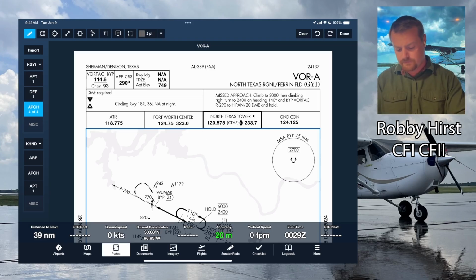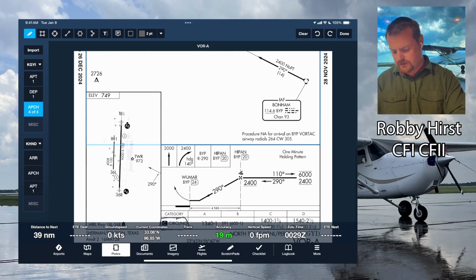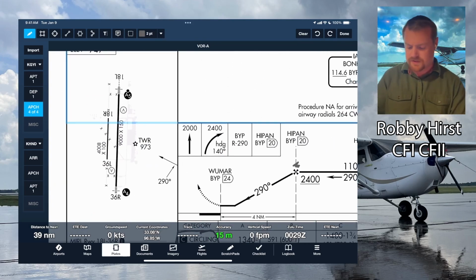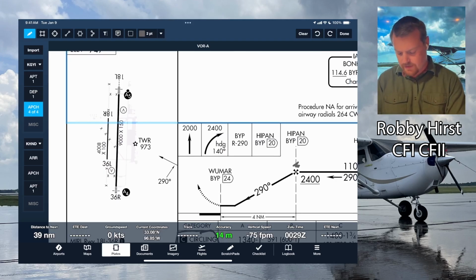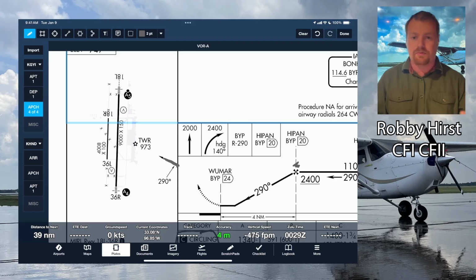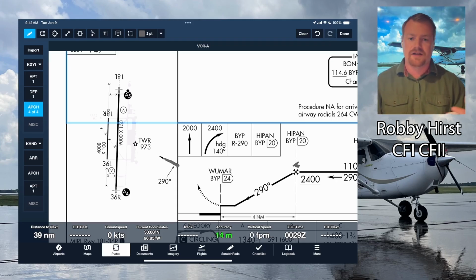So we're going to come down here and take a look at our airport diagram, and you can see this arrow here shows us where we're going to be coming from on this VOR approach. And you're kind of approaching the runway at the side here. There are some that line you up close to a runway, basically lined up with one, but in this scenario, you're basically approaching the runway broadsided.